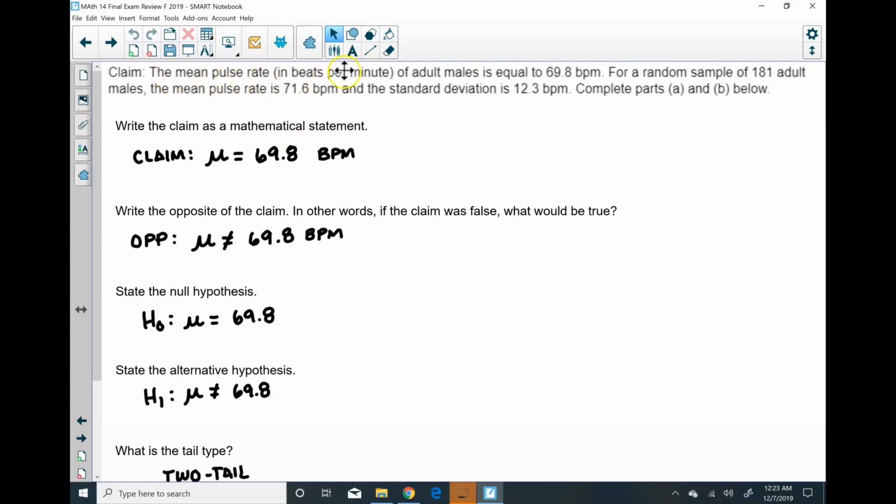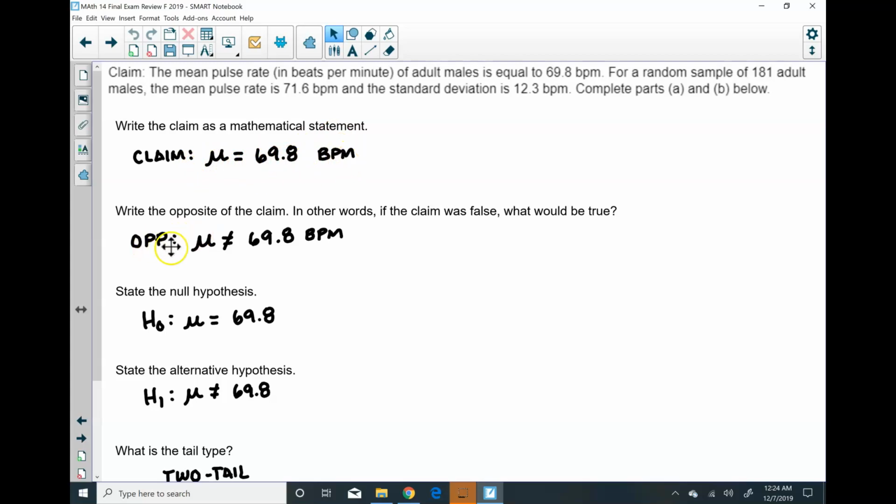Again, the first sentence is the claim, so that's the number you're looking for. It says the mean pulse rate of adult males is equal to 69.8. So the claim would be mu equals 69.8 beats per minute.